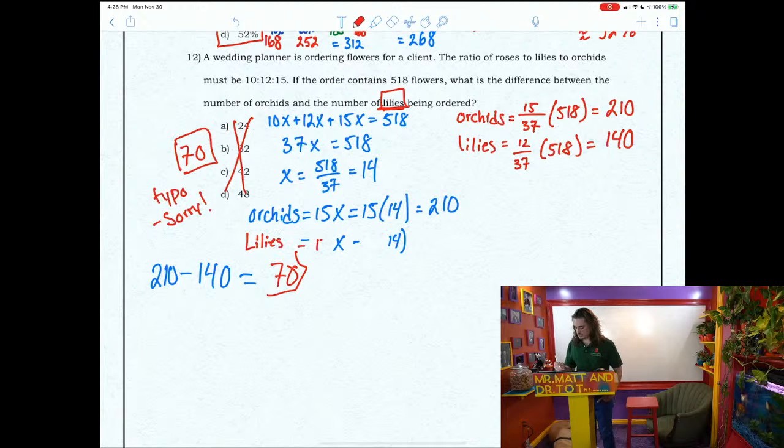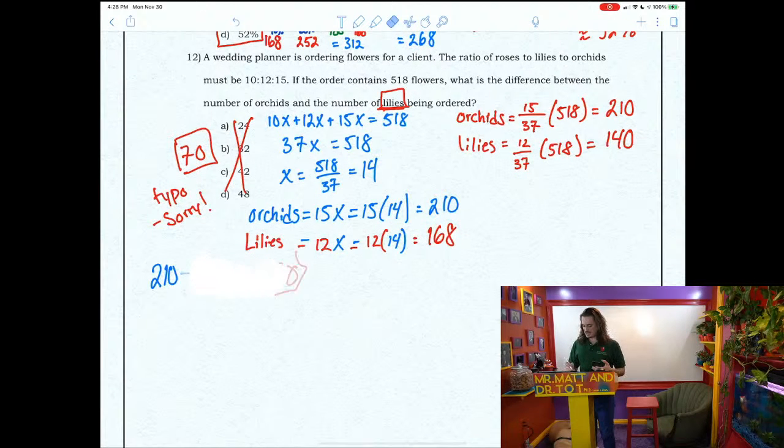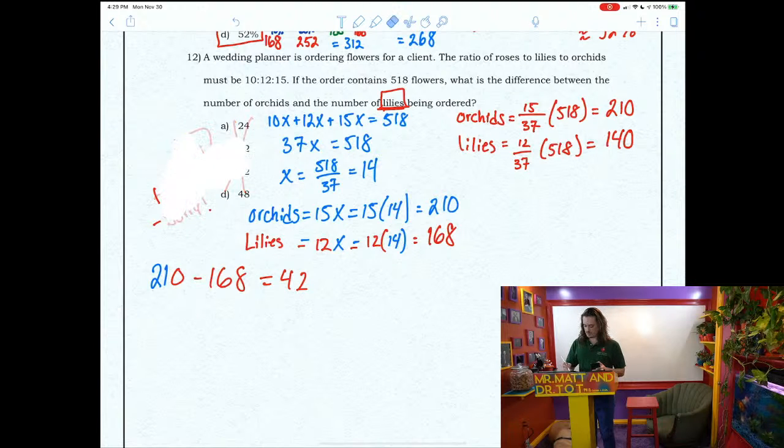So that's going to be 12x, so that's 12 times 14, which would be 168. So we're going to have 210 minus 168, which is 42. So my apologies, there was not a typo here. The answer here is C.